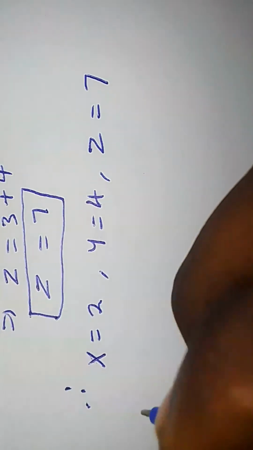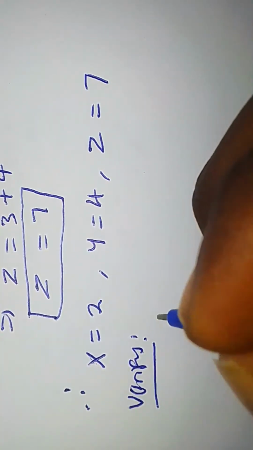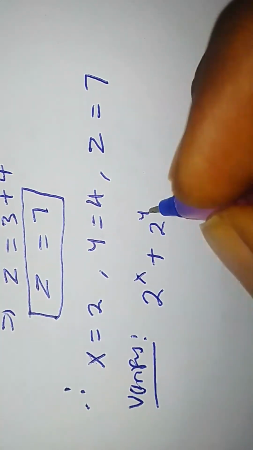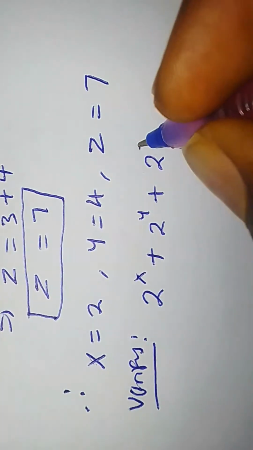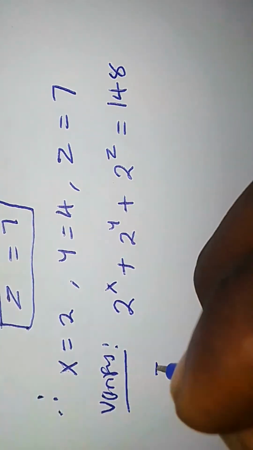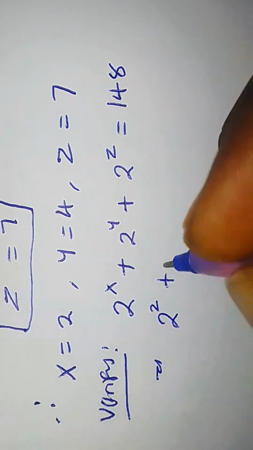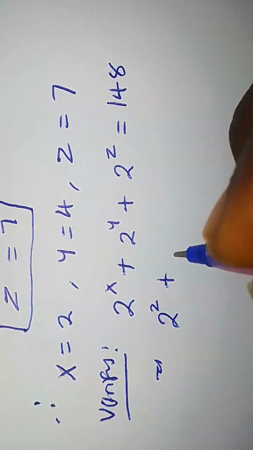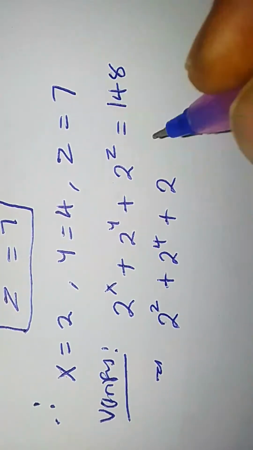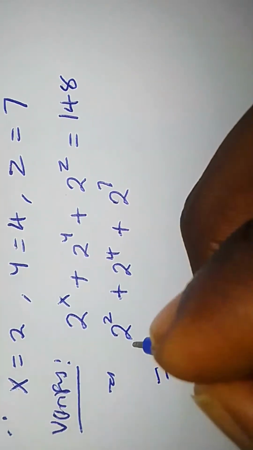So let's verify it. The question says 2 to the power of x plus 2 to the power of y plus 2 to the power of z is equal to 148. In place of x, we write 2. We have 2 to the power of 2 plus, in place of y, we write 4, 2 to the power of 4 plus 2, in place of z, we write 7. This is equal to, what is 2 squared?